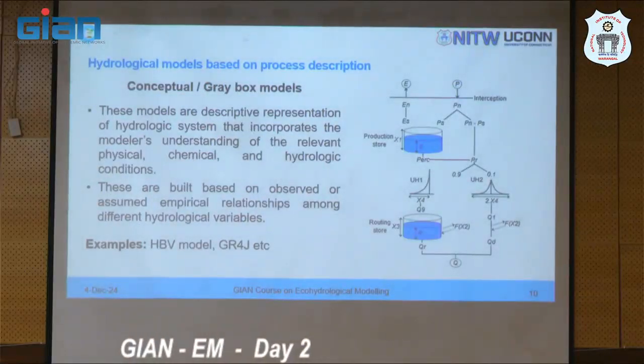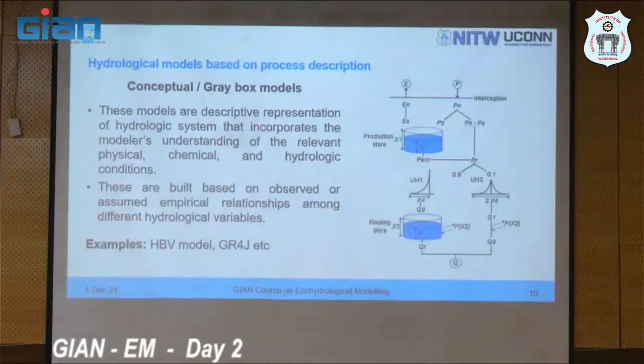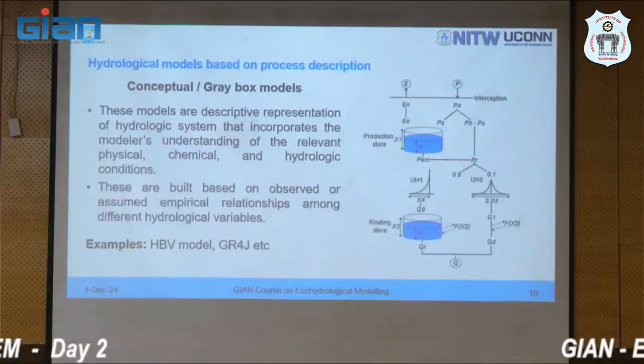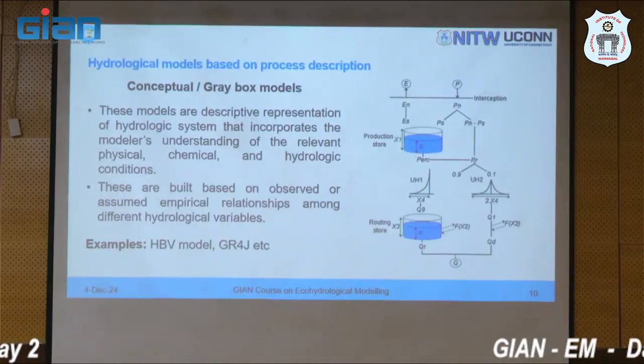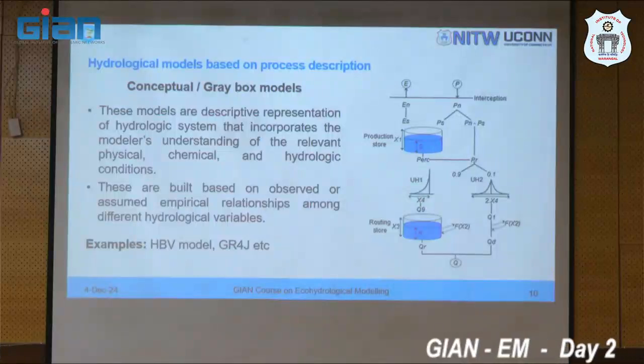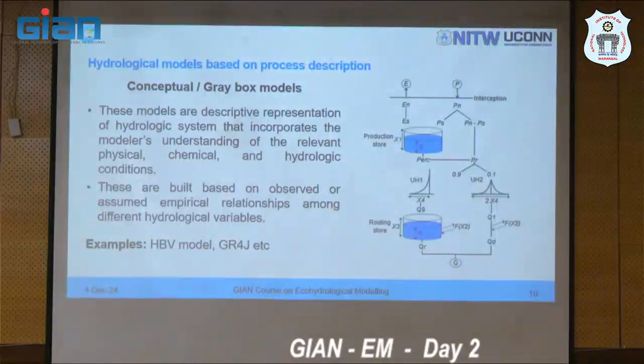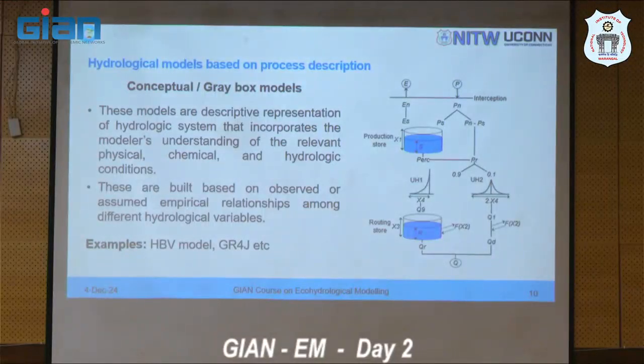Conceptual models are also known as gray box models, and they have a descriptive representation of the hydrological system. This is a representation of GR4J. So, you have a modular understanding. We have been talking about different systems.